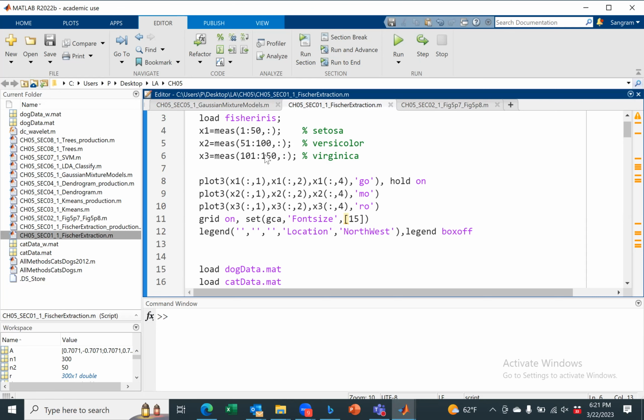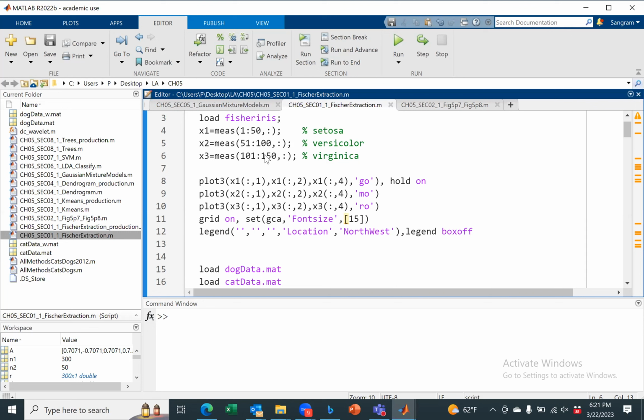And what I want to do is we want to actually look at 3 different types of varieties. So for an example, we have 50 measurements of Iris setosa, versicolor, and virginica.